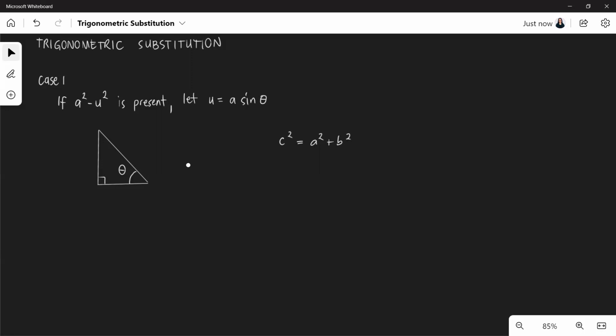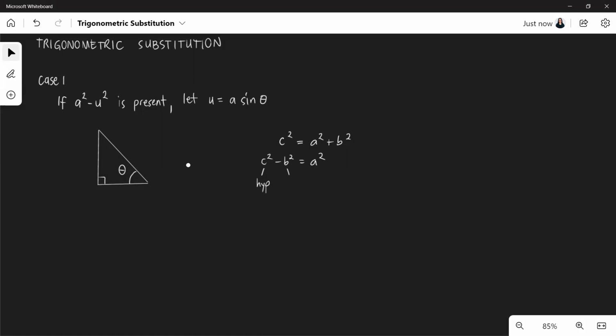Now, for example, if we put b squared on the left side, it's c squared minus b squared is equal to a squared. So the hypotenuse here contains the a in that a squared minus u squared, and then either the opposite side or the adjacent side of the right triangle contains the u, a function of x, for example.